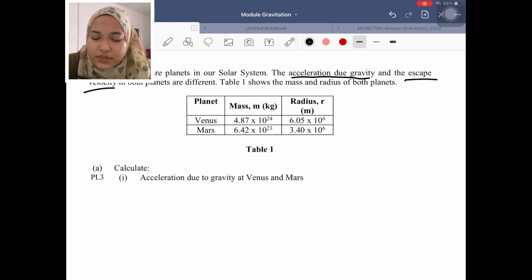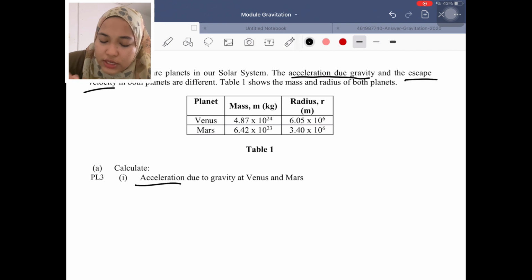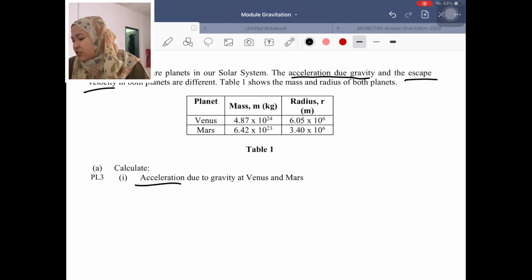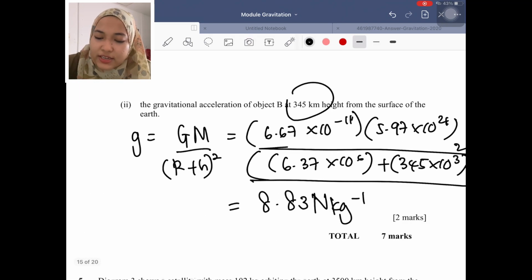Acceleration due to gravity, kita dah belajar. Okay, so the mass and the radius for both planet ada dekat bawah dalam table. So the question asks us to calculate for the acceleration due to gravity at Venus and Mars.